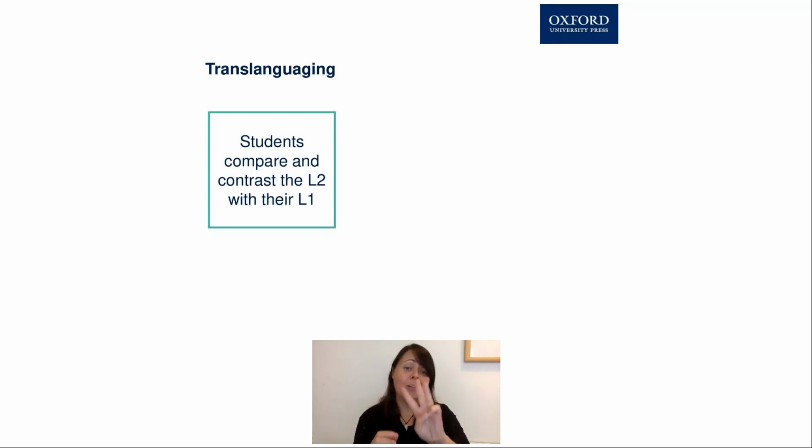For example, we're going to look at three different ways of using translanguaging. The first one is that students could compare and contrast the L2 with their L1. So this might be in terms of words, phrases, or grammar structures.